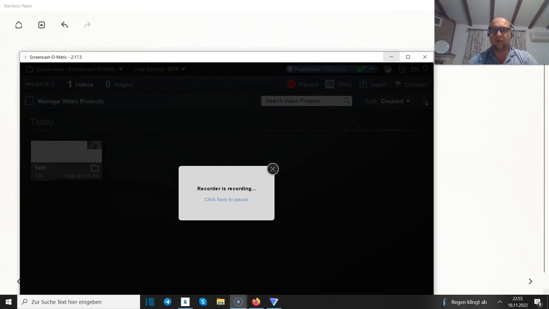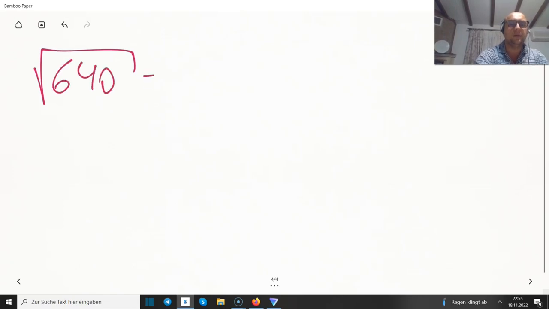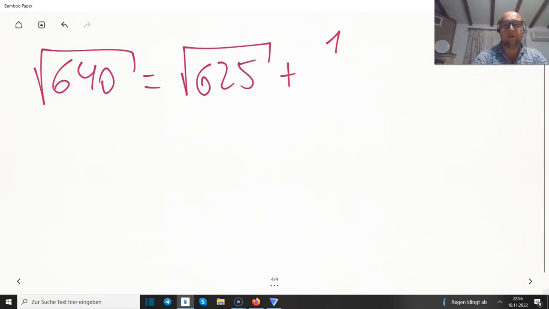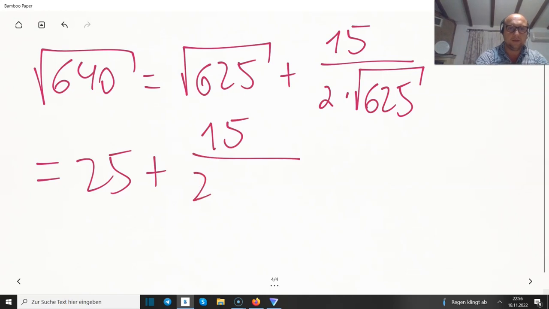Let's do now square root out of 640. That will be square root out of 625 plus, well, that would be 15 divided over twice the square root out of 625, 25 plus 15 divided by 2 times 25.